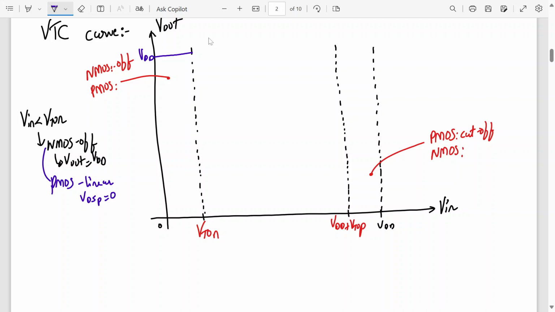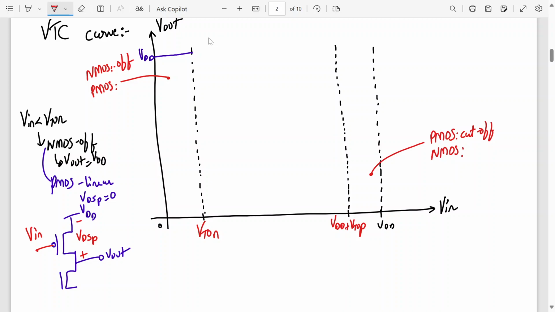Because there is no voltage drop here. Look, this is off. This is VDD, this is Vout, and what is relating them? They are equal. And this is Vin, which is 0, which is less. Let's say 0.1 or even 0.5. So this is less than VTOP.